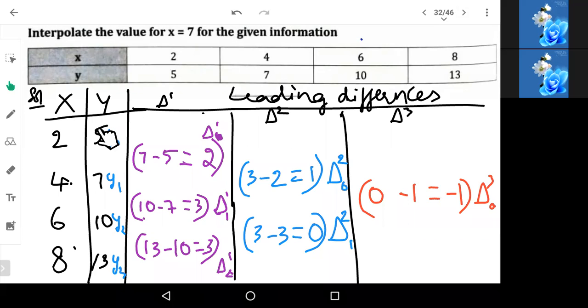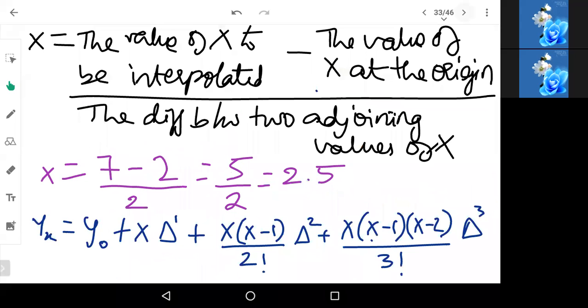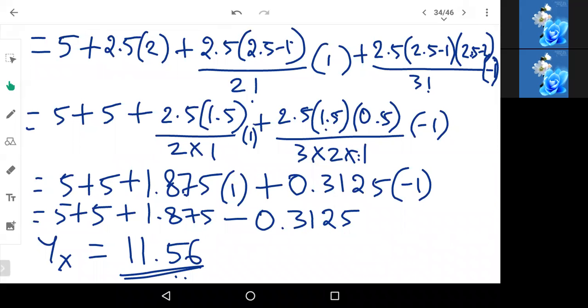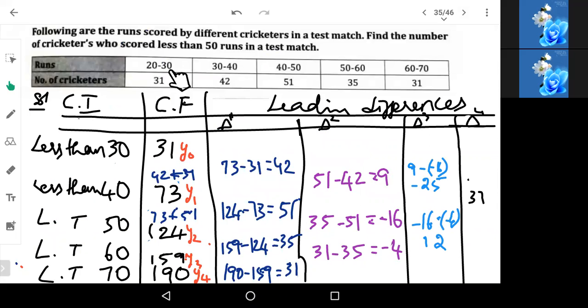Just subtract the Y values from the previous one. Now here, while subtracting Y values, be careful. Whenever it is normal ungrouped data, where you just have single data, just write it down as it is. But when it comes to class intervals, be careful. If it is a class interval, find the cumulative frequency.